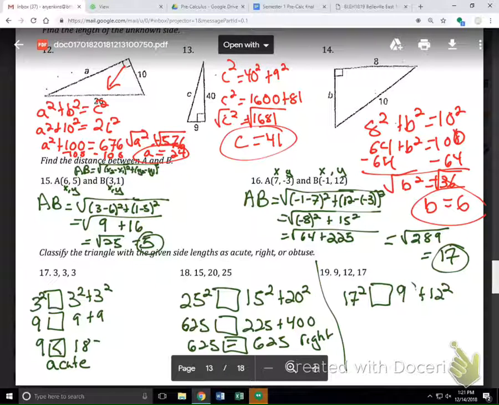So we now have 9 squared. 17 squared is 289. 289 box 81 plus 144. 289 box 225. 289 is greater than that. So is it acute, obtuse, or right?